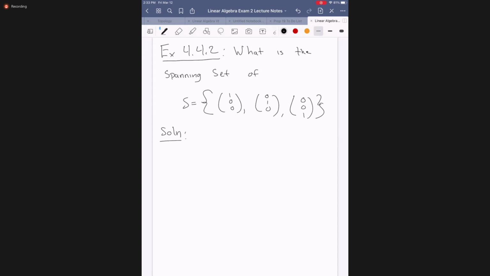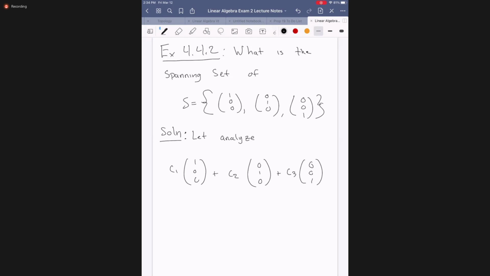Let's just look at it then. So let's analyze C1 times (1, 0, 0) plus C2 times (0, 1, 0) plus C3 times (0, 0, 1). All right, guys, this is in 3D space, by the way, so this is 3 components.